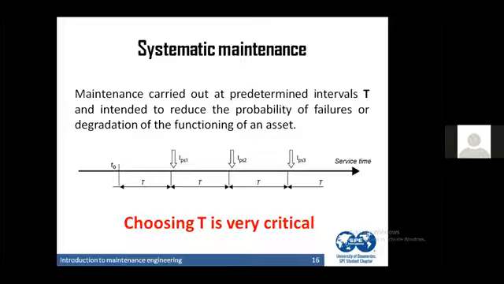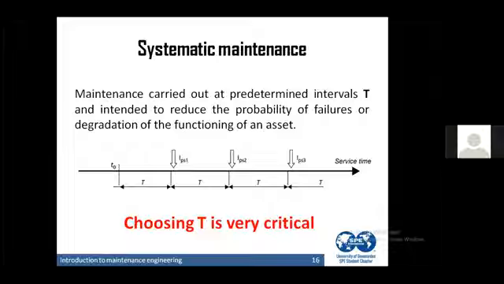Choosing the time or the interval of the intervention is very, very critical. If we take short intervals of time, I mean a lot of interventions, we lose our efforts and our spares and our money for nothing.